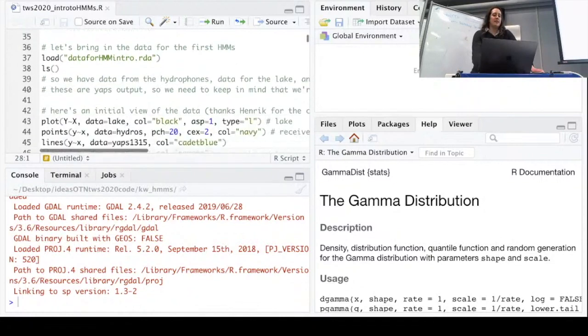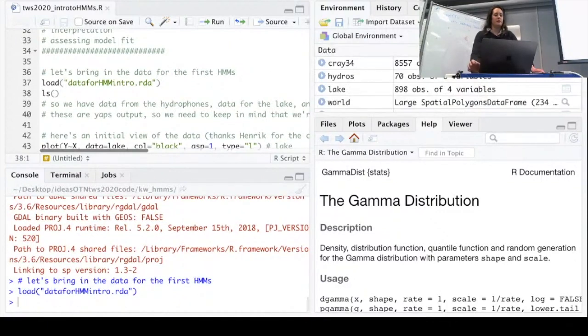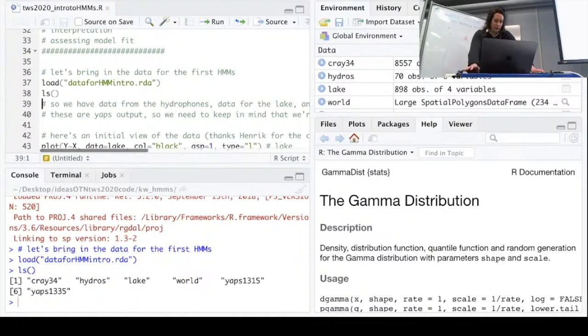To bring in the data for this entire tutorial, we're going to just load this RDA file, and we can take a look at what we just brought into our working space. We have cray34, the crayfish example, which we'll get to at the end, hopefully. We have hydros, which are the receivers that were used to track the pike.